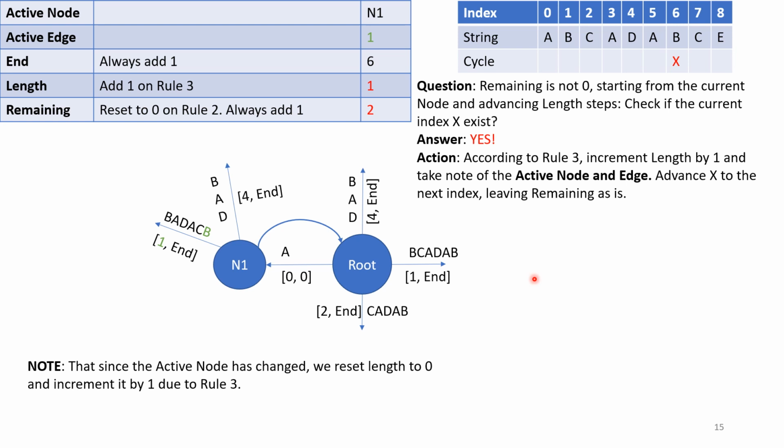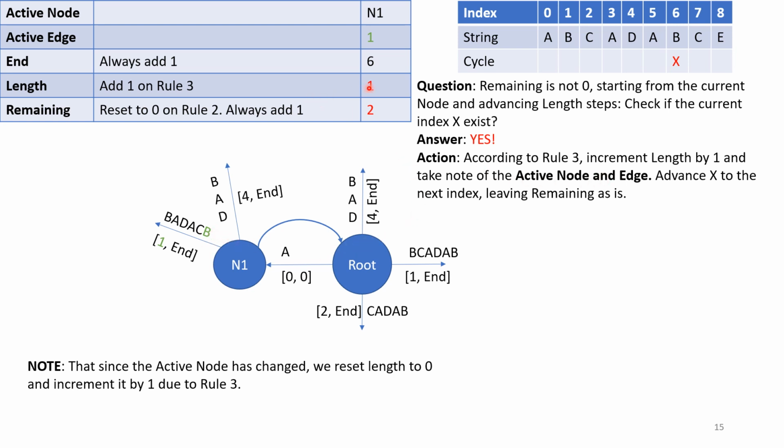Now we have B, so we asked again, from root, advancing one step for length, can we find a B? So we were in A, if we advance one more, we had a B and a D, so B is present, therefore we fall into rule 3 again.